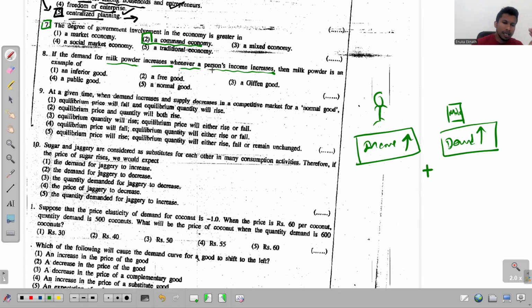If so, we recognize such goods to be normal goods. But in a different question, if when the person's income increases, the demand for that given good decreases, then we know for sure that this good has to be an inferior good. But for this question, since we see this positive relationship between the person's income and the demand for the good, it's a normal good.